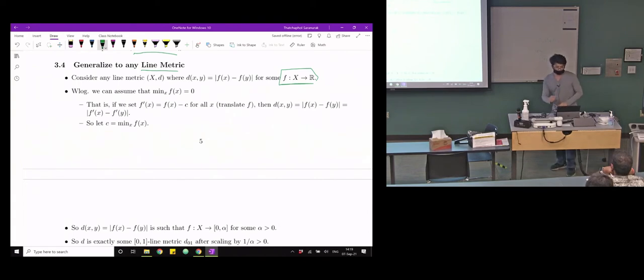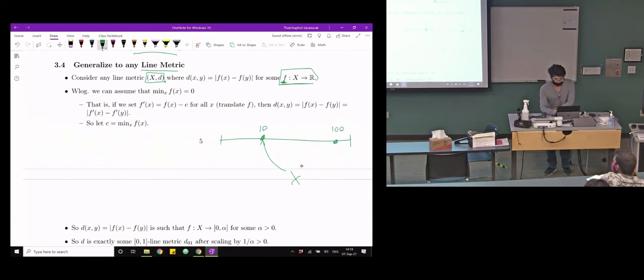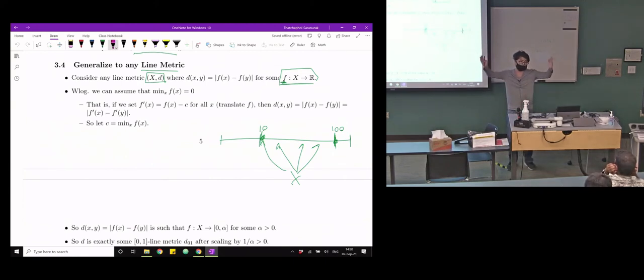First of all, if you're given a metric D with a mapping f that maps X into something between, say, 10 and 100, suppose I want to change the mapping a bit by translating the whole thing by 10.